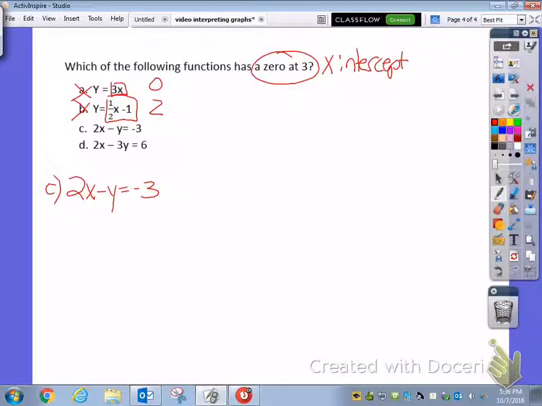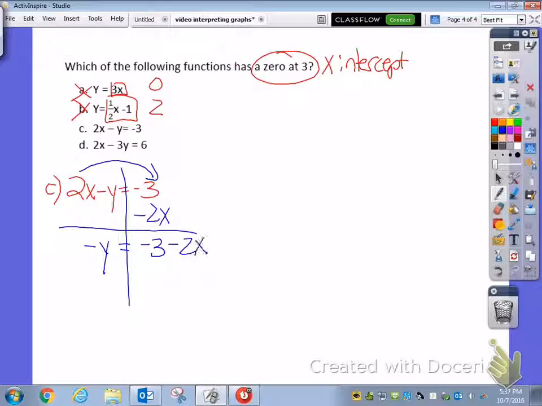This is letter C. I have to solve for y first. So first of all, I need to move 2x to the other side. That becomes a -2x. So you have -y equals -3 minus 2x. Now remember, you have to divide everything by -1. So that's going to be y equals 3 plus 2x.